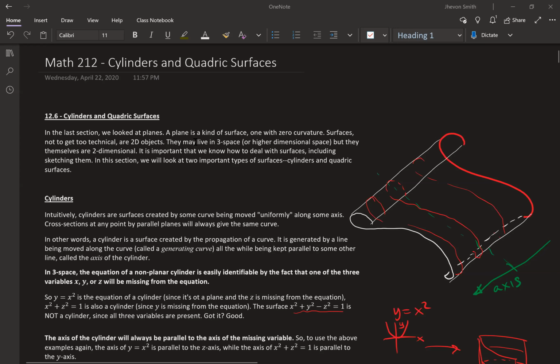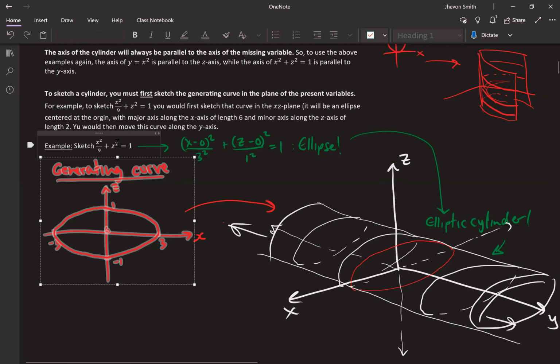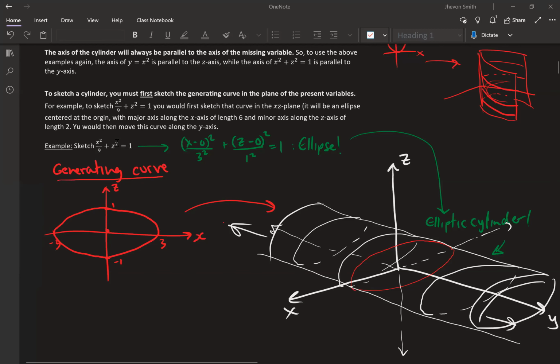Now, if you graph that 2D sketch in the plane of the variables that are present, for example, if you have x squared over 9 plus z squared equals 1, you can sketch that. You should know that's an ellipse. That is called the generating curve.